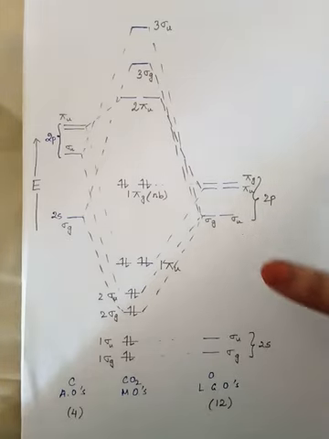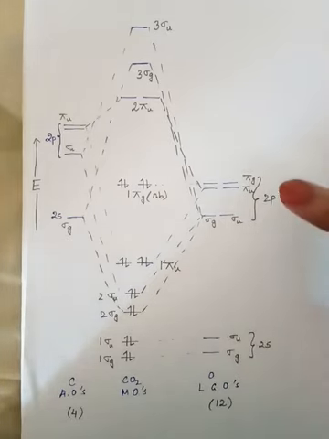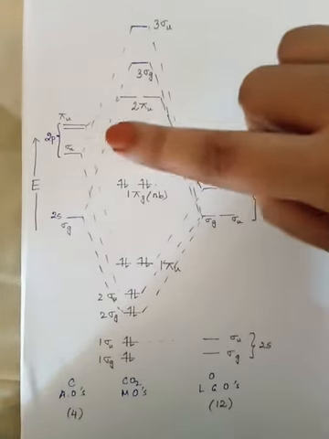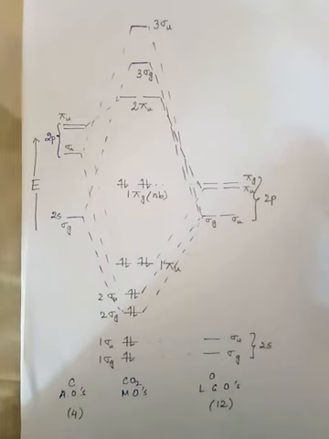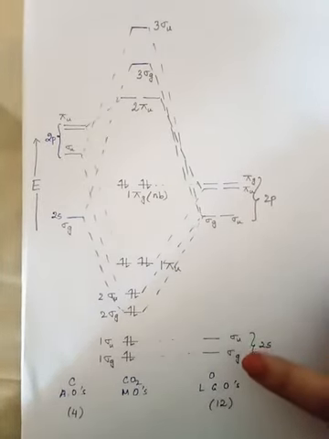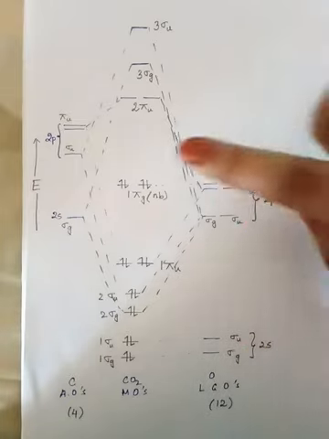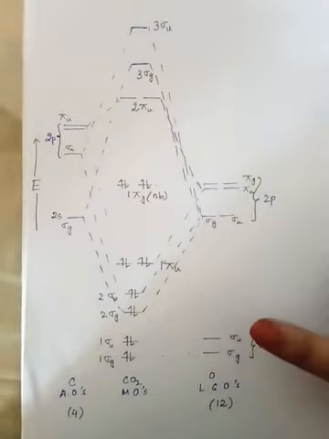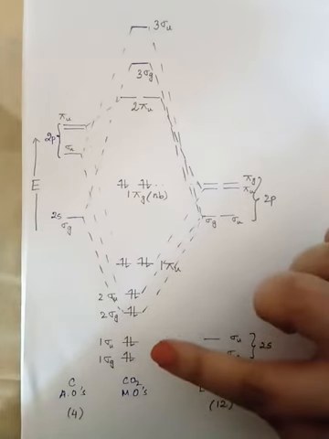Now that we are a little clearer about these, the LGOs will undergo overlap with the carbon atomic orbitals. The easiest way to remember this is that since these two 2s atomic orbitals are much lower in energy than any of the carbon atomic orbitals, they stay as they are. They don't undergo any effective overlap.